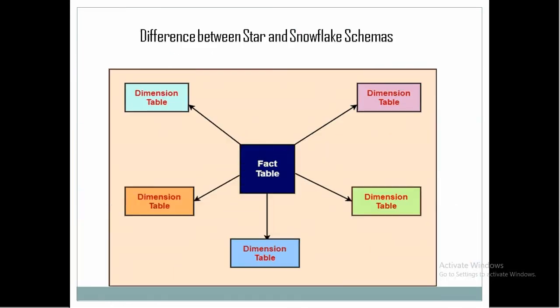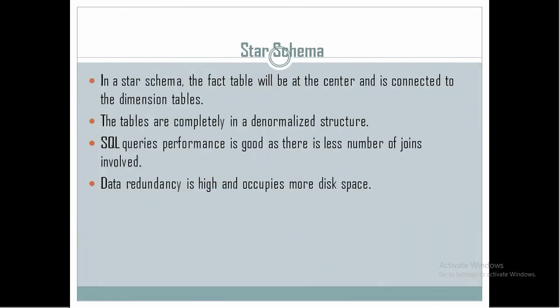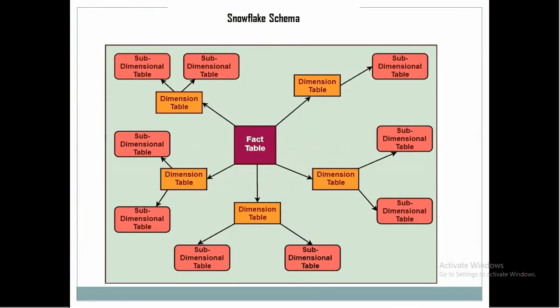There are various differences between star and snowflake schema. In star schema, the fact table will be at the center and is connected to the dimension tables. The tables are completely denormalized in structure. Data redundancy is high and occupies more disk space. Fewer joins are involved in star schema.